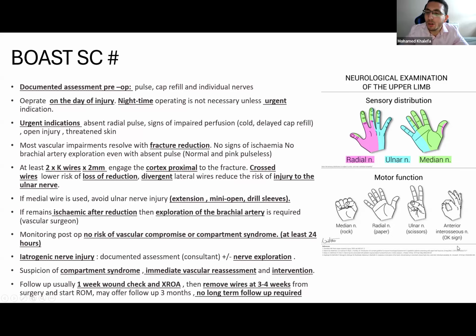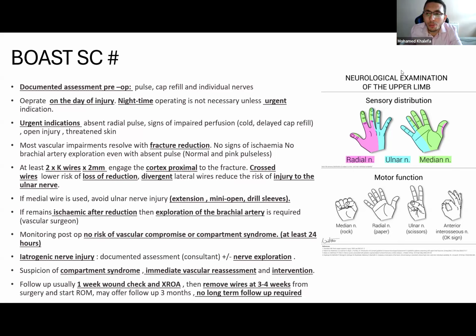You don't say, now do this, do that. You just tell them something easy for a 5-year-old to do. So rock for median, radial, ulnar, and anterior interosseous. Sometimes, instead of testing the anterior interosseous, I say just imagine you're playing Xbox or Nintendo, so do this or do that. You just tell them something they can follow and make it a bit funny for them.